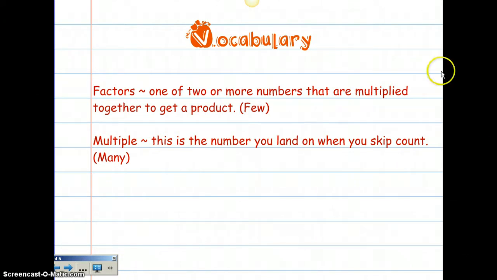So, let's start with factors. If I had the number 9, the factors, I'm going to make a little factor tree for 9, are 3 and 1, because 3 times 3 equals 9, and 9 times 1 equals 9. So 3, 1, and 9 are all factors of 9.